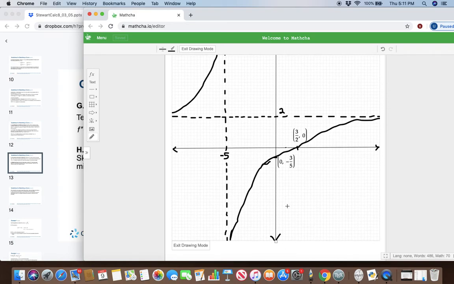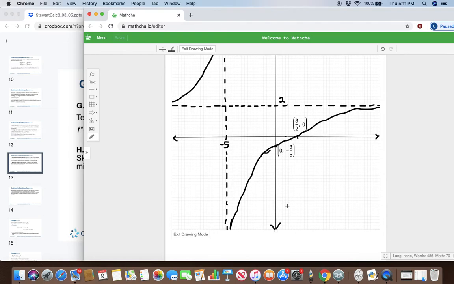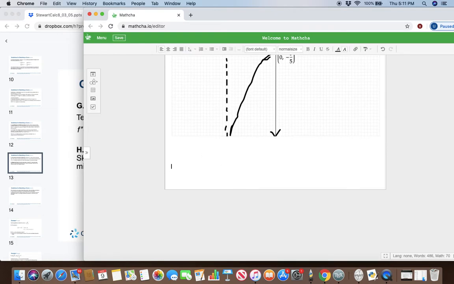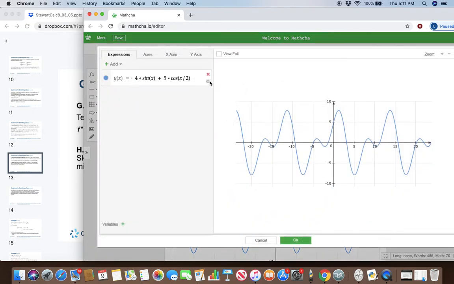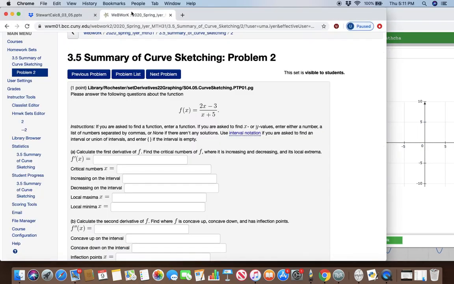So let's compare this picture to an actual graph. I've forgotten what my question was. I know it was a fraction.